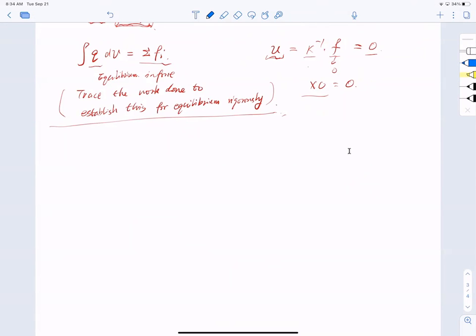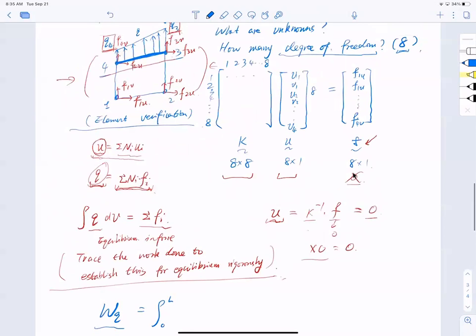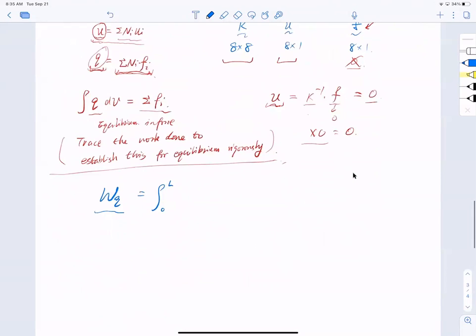So the work done by this is, say, big W_Q, and that is the integration from 0 to L, where L is the total length of the bar, and that is changing all the time.